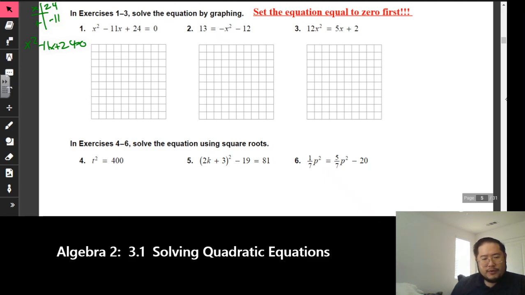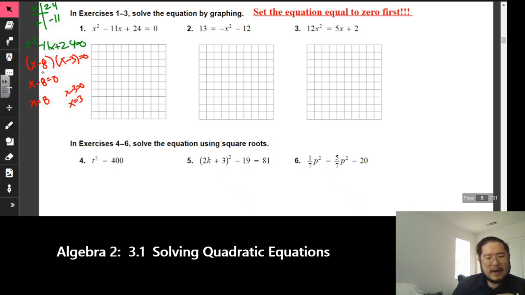So the binomials that work are x minus 8 and x minus 3. Then you set this equal to 0, and x equals 8, and then you take x minus 3 equal to 0, and you'll get x is equal to 3. So those are your two solutions, your two zeros.